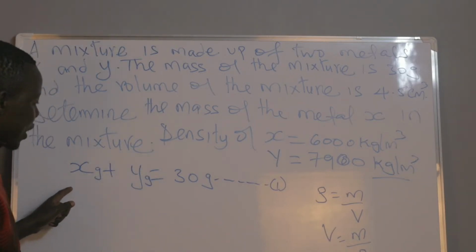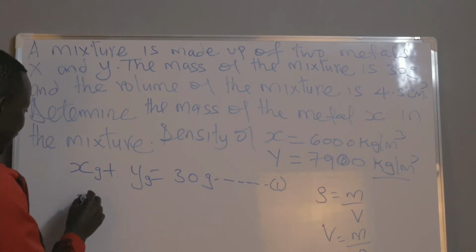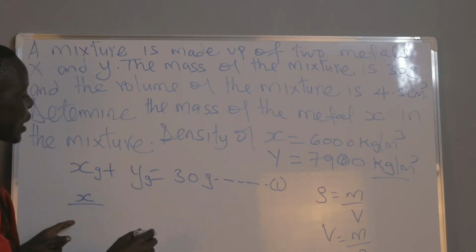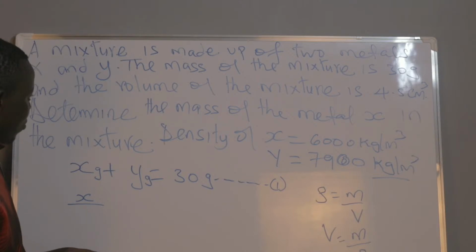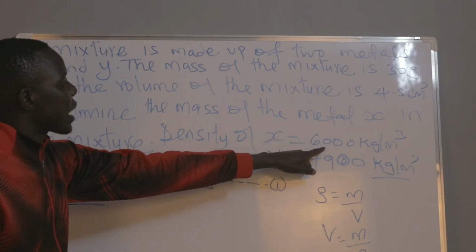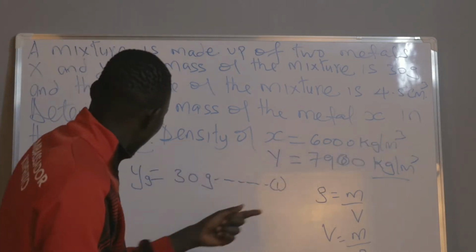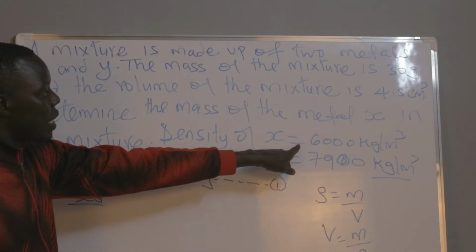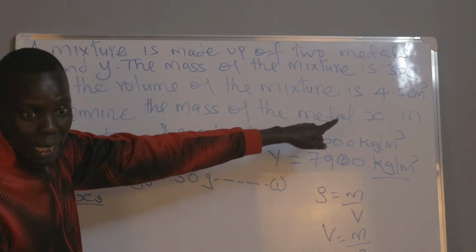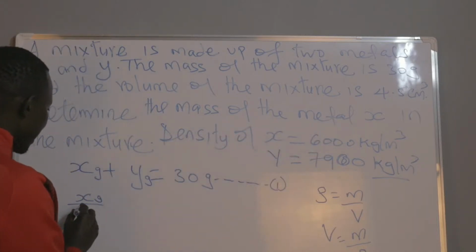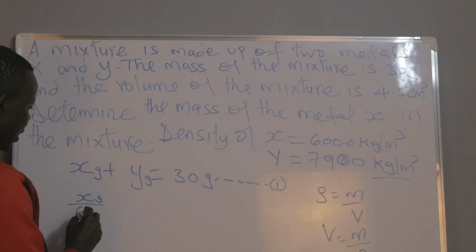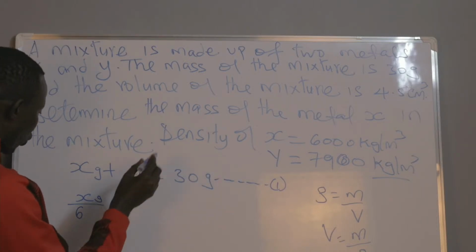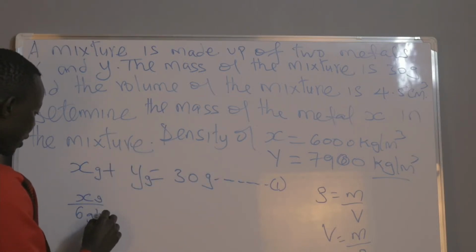The volume of X is the mass of X over the density of X. The density of X is 6,000 kilograms per meter cubed. Because I've given the mass in grams, I will also give the density in grams per centimeter cubed, which is 6 grams per centimeter cubed.